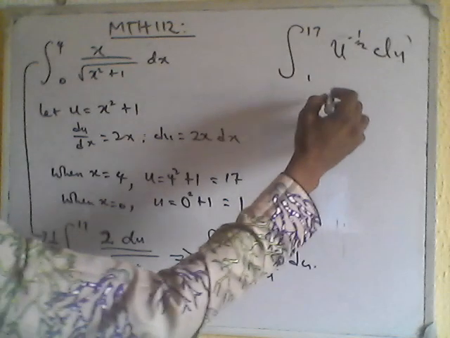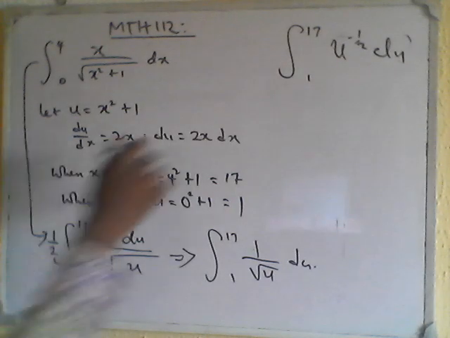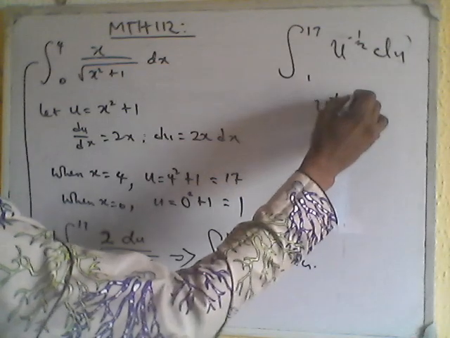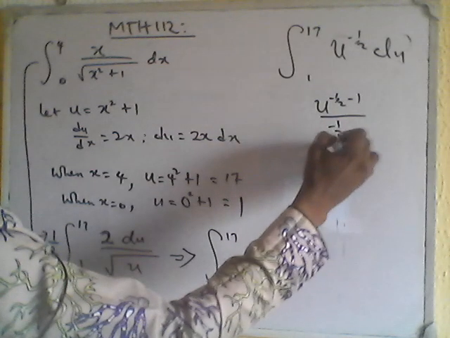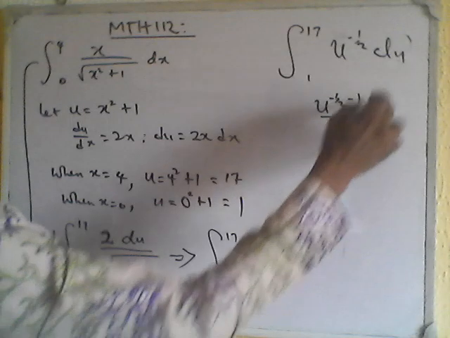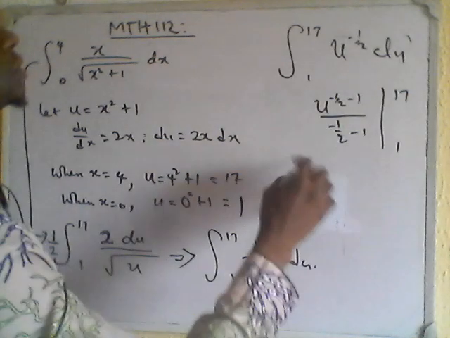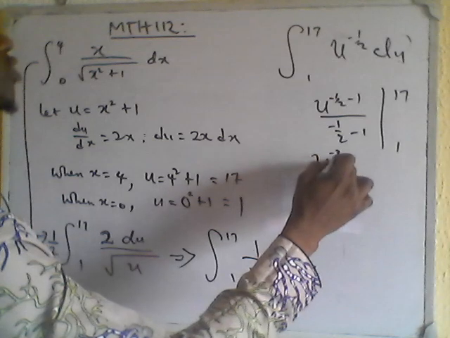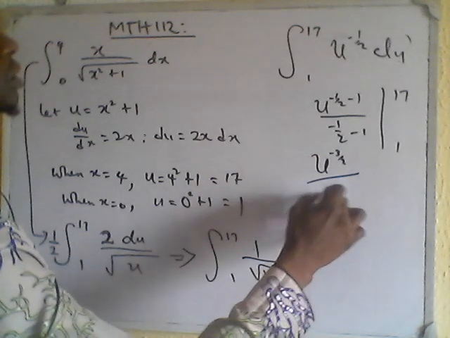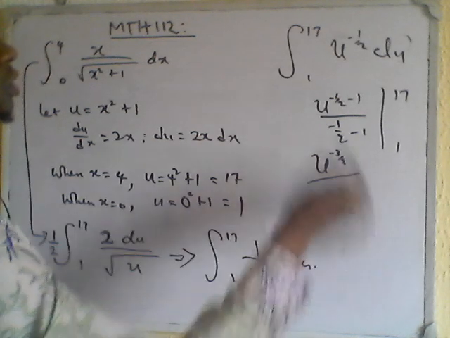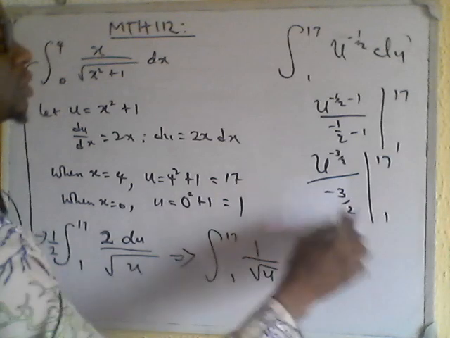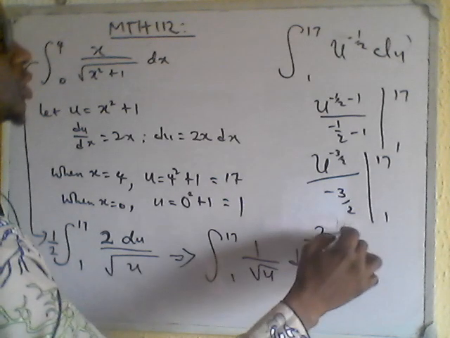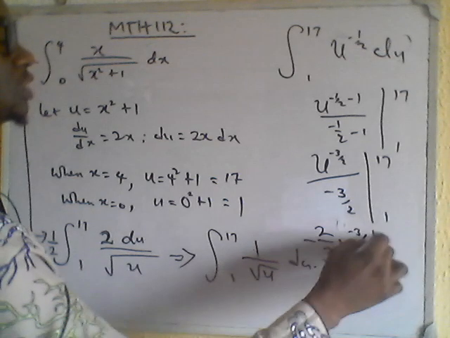So this is the same thing as saying u to the power minus 1 over 2 plus 1, over minus 1 over 2, from 1 to 17. This simplifies to u to the power 1 over 2 over 1 over 2, which is 2 times root u, evaluated from 1 to 17.